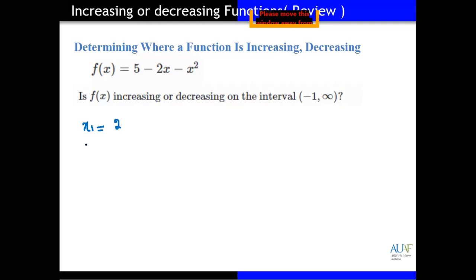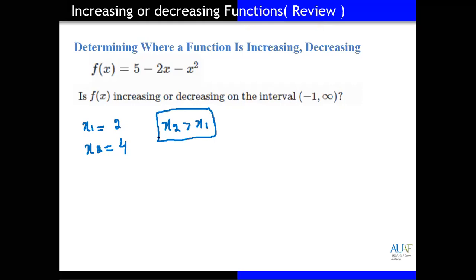I will take simple values for simple calculation, and the second one is, let's suppose, 4. x1 is 2, x2 is 4, and the condition is x2 is greater than x1 because 4 is greater than 2.